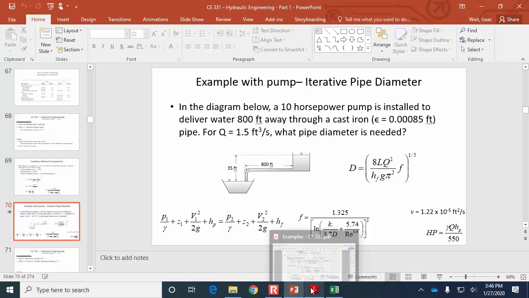All right, so hopefully with that it sets you up to do well on the homework problem that's related. Remember, what were our steps here? First was the energy equation. We analyze the energy equation to find out, if we've got a certain amount of pump head that we can generate, how much is left over for the H sub F, the pipe friction.